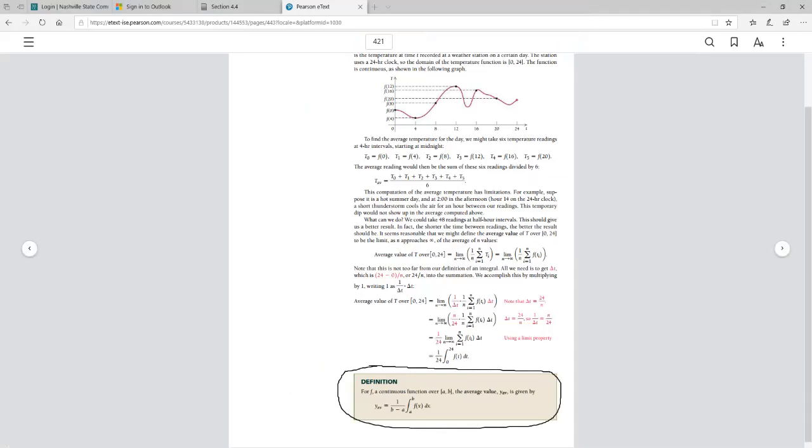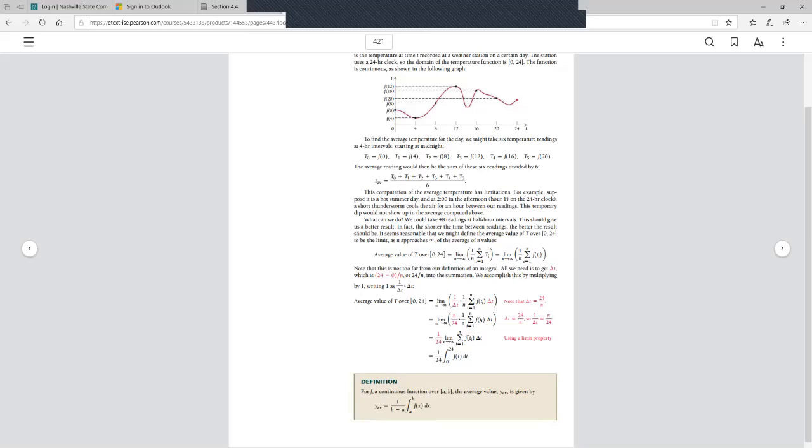But the definition says that for f, a continuous function over [a, b], the average value is given by the integral divided by b minus a. So let me just describe what they're saying above and try to make it a little simpler.